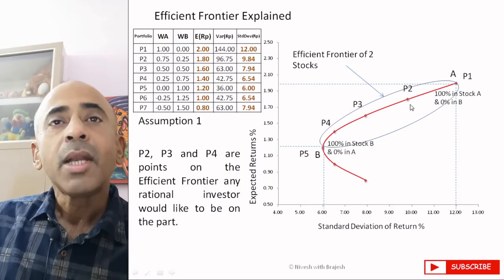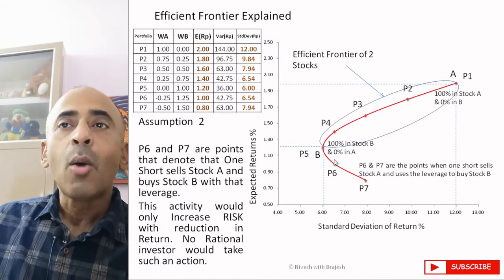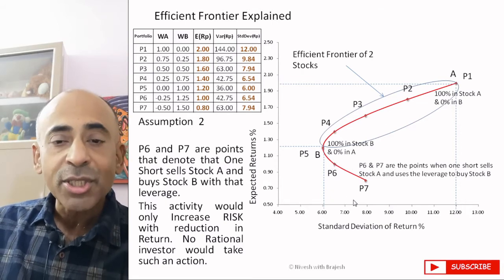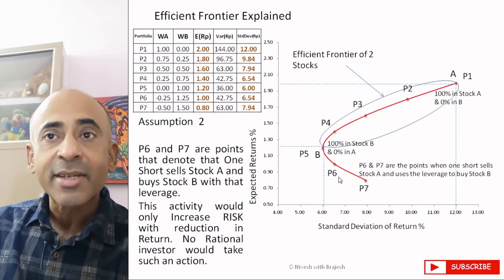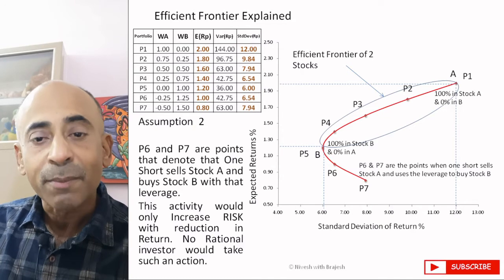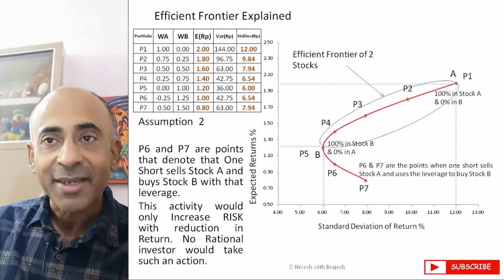Now the second assumption: P6 and P7 are portfolios where A is short sold, which means A is borrowed from a shareholder and sold, and the leverage, which means the proceeds received from selling the borrowed stock A, is used to buy stock B. Yes, it's possible in the stock market.